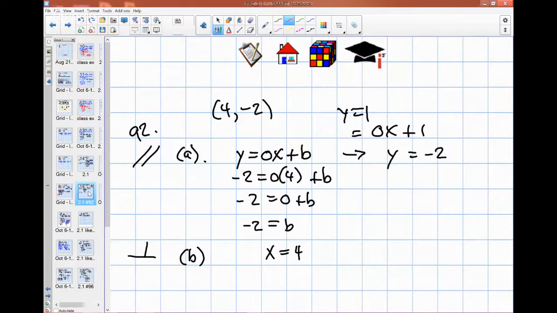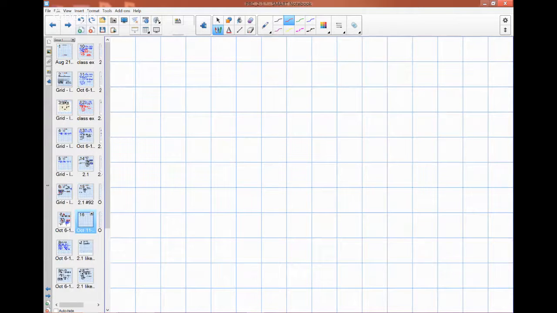Forgot to talk about one thing. What is the slope of a horizontal line? In general, let's just talk a little bit about slopes.